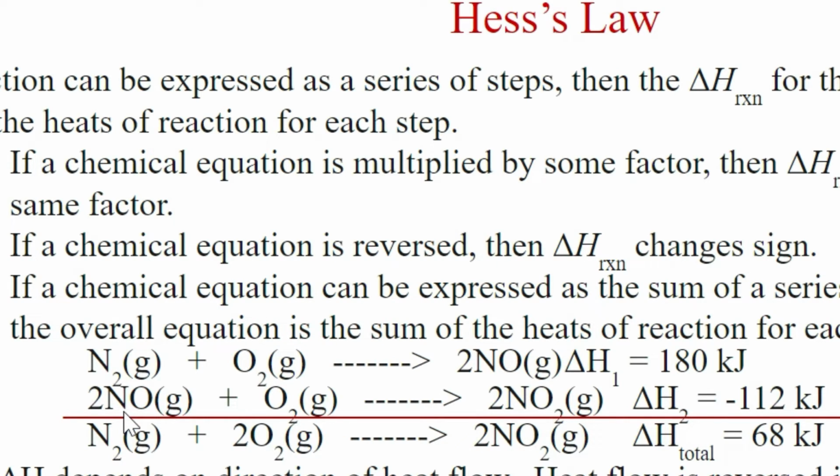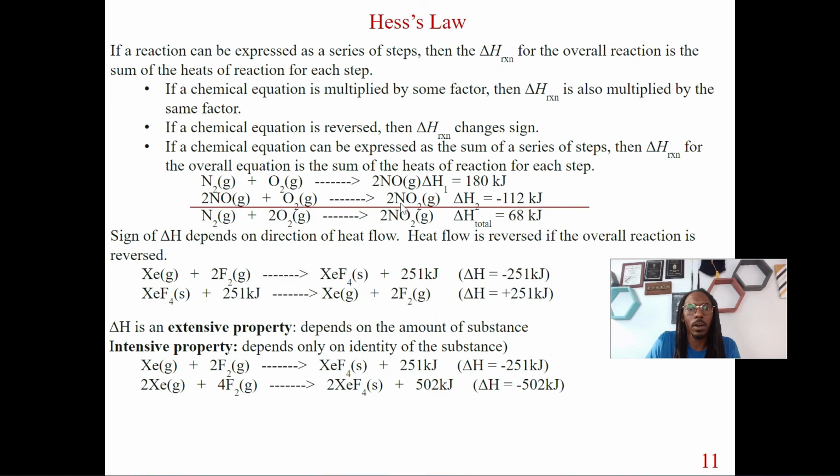Well, with Hess's law, if you have something on the product side in one equation and on the reactant side in another equation, they're going to cancel out. So our NO is now gone because they canceled each other out. And then on our product side, our NO2 comes down. This is going to be our final equation when we add both of our equations together.